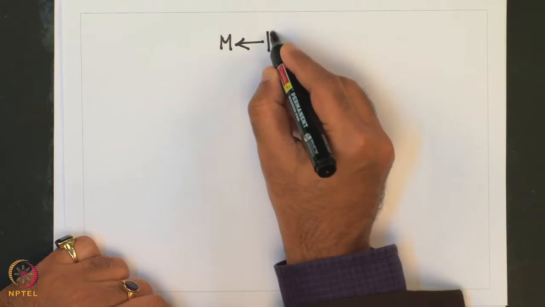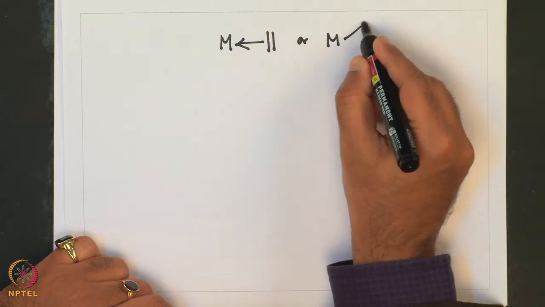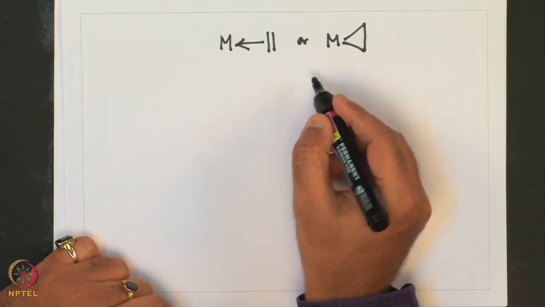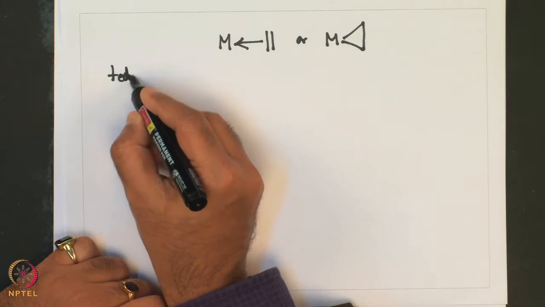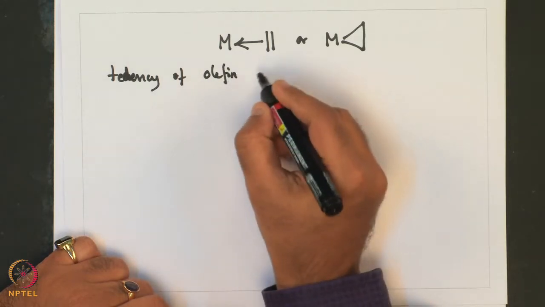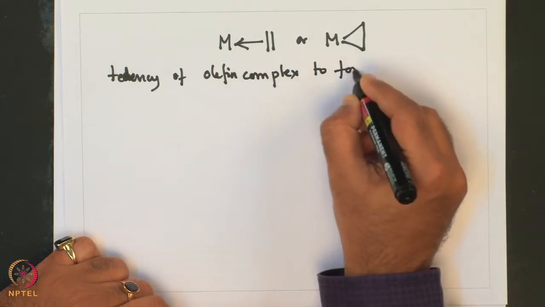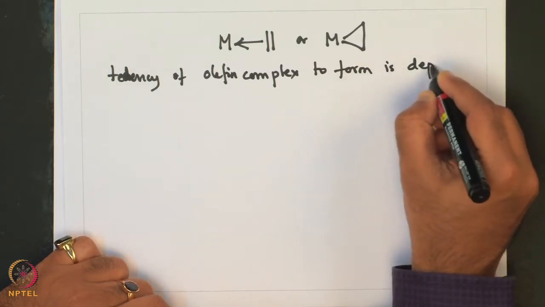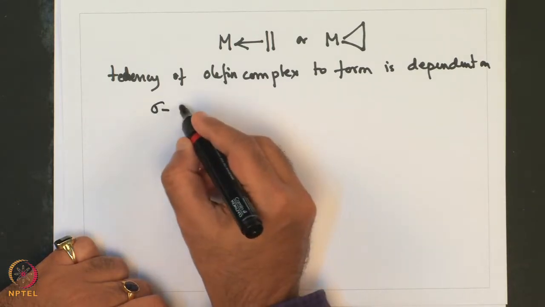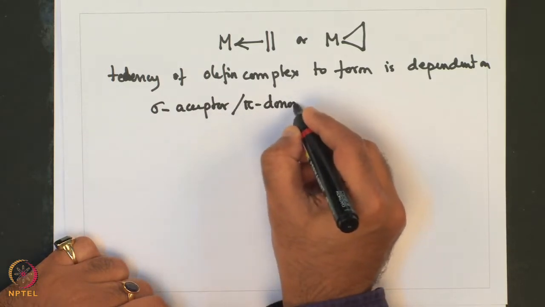So, for example, in a structure like this, when the back donation is maximum and a metallocyclopropane is formed, to what extent the tendency of the olefin complex to form is dependent on the sigma acceptor or pi donor property of the metal.